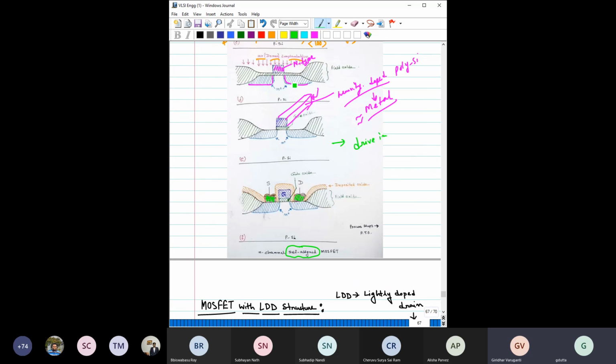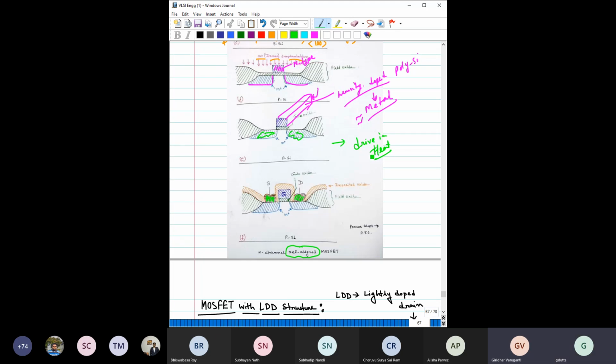After any implantation you have to heat it at a very high temperature, because when you implant in this region, lots of defects will be created. So when you heat this entire thing, these defects will disappear and this region will again become crystalline.